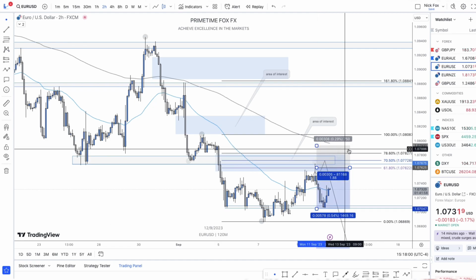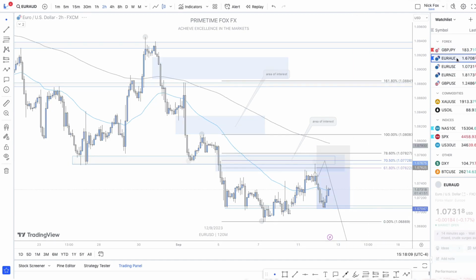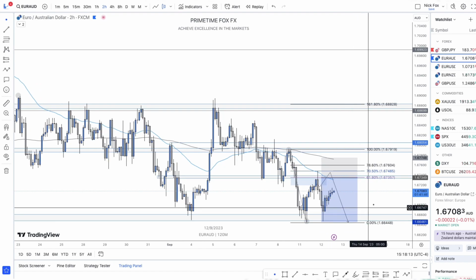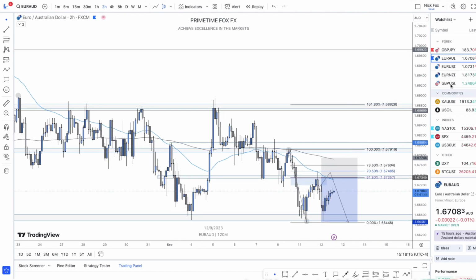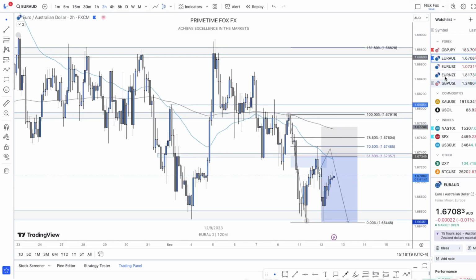This is about another 2 to 1, or in this case 1 to 2 risk to reward. So for both of these trades, 1 to 2 risk to reward would mean that we would be doubling what we could possibly lose on these two trades here. So this is what I'm looking for.